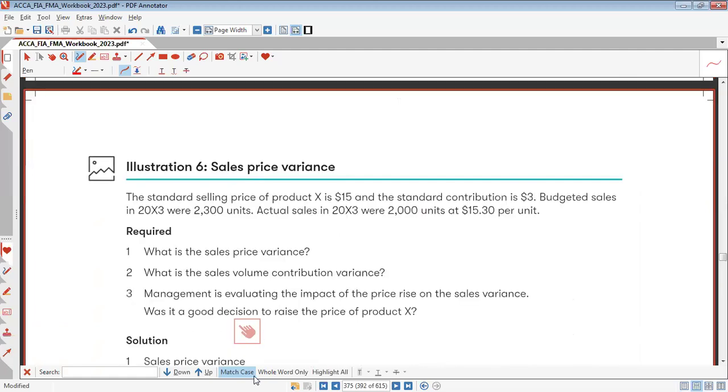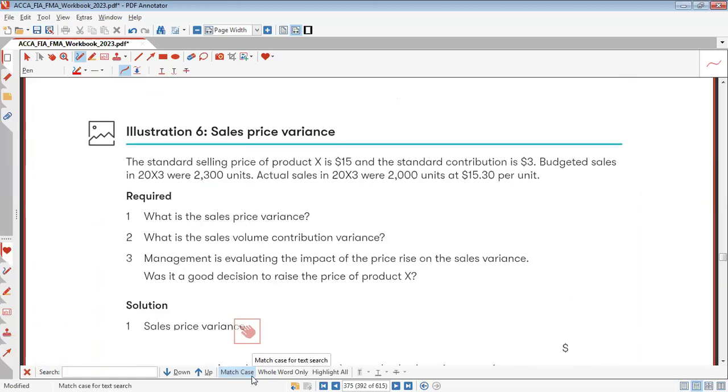So let's look at an example. The standard selling price of product X is 15. The standard contribution is 3. Budgeted sales in 20x3 were 2,300. Actual sales in 20x3 were 2,000. Okay. So we start with the sales price variance.